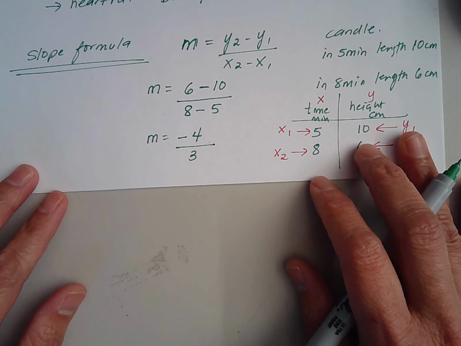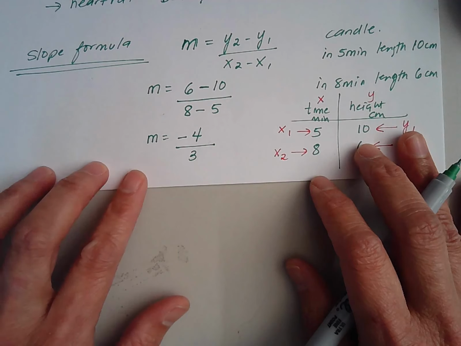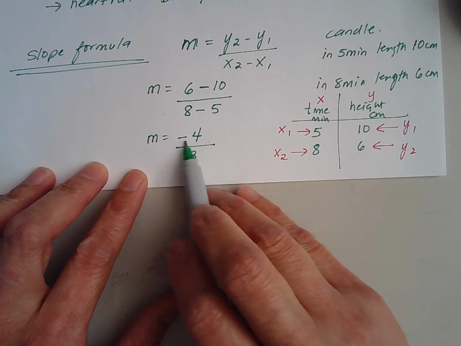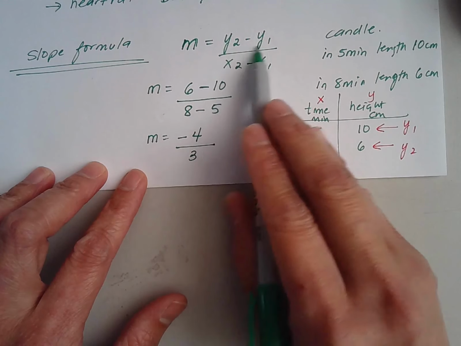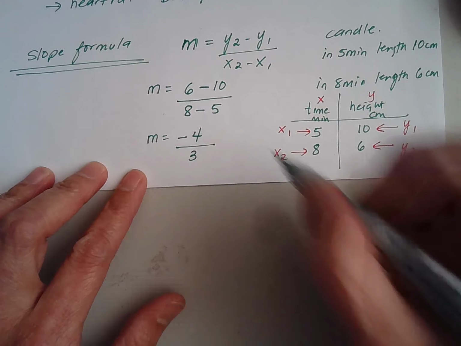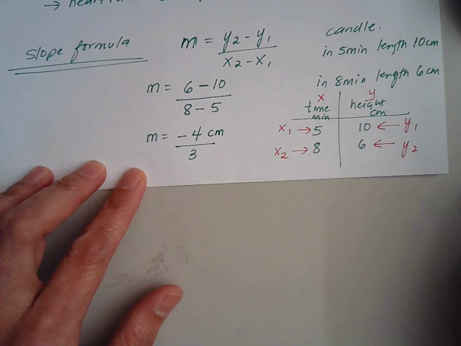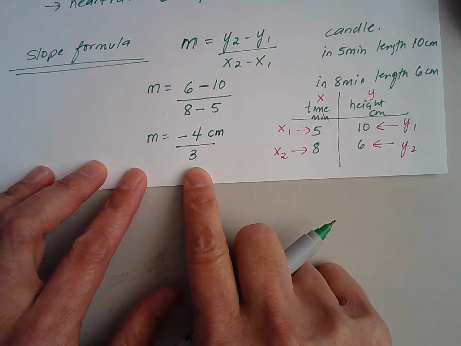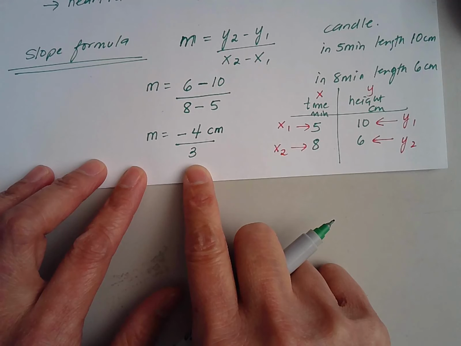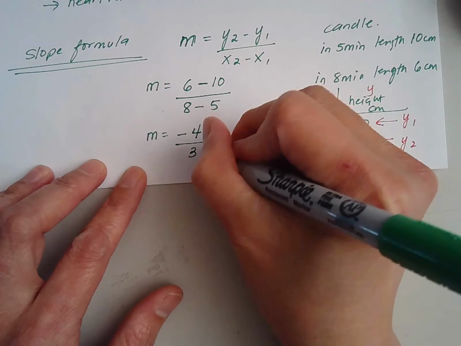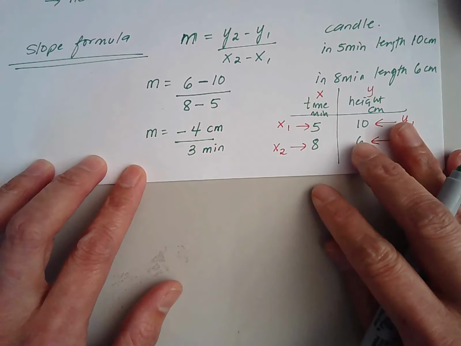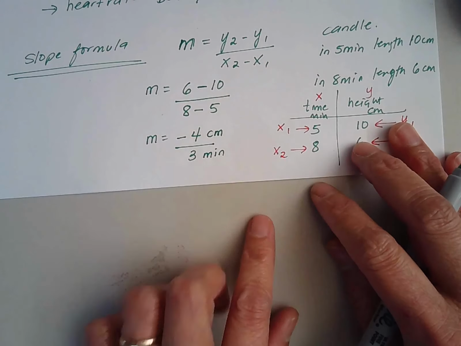Okay, well, what does that really mean? What's the y value again? Y is height, so negative 4 centimeters. And what's the x again? The time in minutes. Interpret this for me. What does a negative 4 mean?